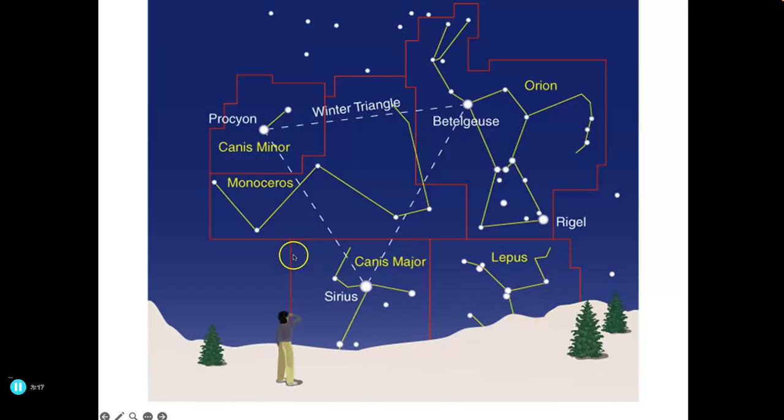Here are the borders of the constellation Canis Major. Here's Monoceros. So a constellation is not just a group of stars. A constellation is this whole region in the night sky, or in the daytime sky, for that matter. And anything that is inside of this border is in this constellation.